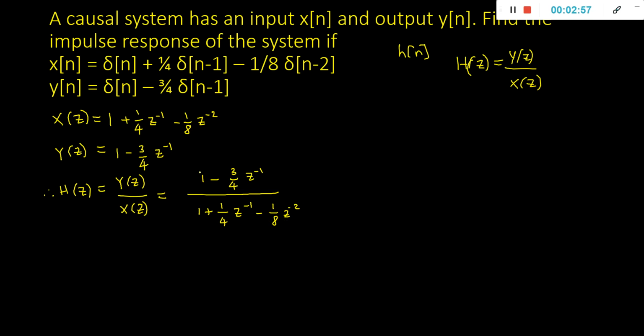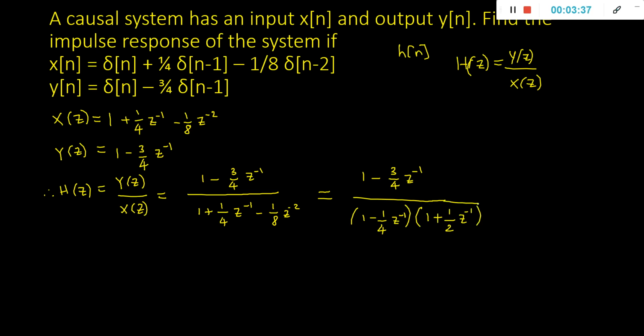Now if I try to solve for h of z so as to find h of n, I would require the simplified form of this. So I'm going to go with the partial fraction expansion method of this particular expression, and I arrive at the numerator, which is 1 minus 3 by 4 z to the power minus 1, divided by, if you carefully look at the denominator's factors, they are 1 minus 1 by 4 z to the power minus 1, and the second term would be 1 plus 1 by 2 z to the power minus 1.